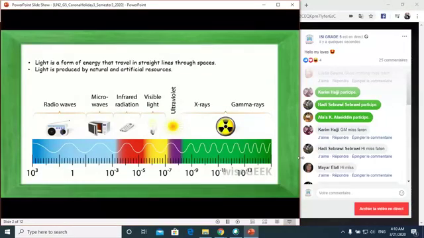The sun, fires, stars are natural sources of light, and candles, light bulbs are artificial sources of light. As you can see in here, we have also other kinds of light that are made of electromagnetic waves, but they are invisible to our eyes, like the infrared light, ultraviolet light, X-rays, gamma rays, radio waves, microwaves. Okay?